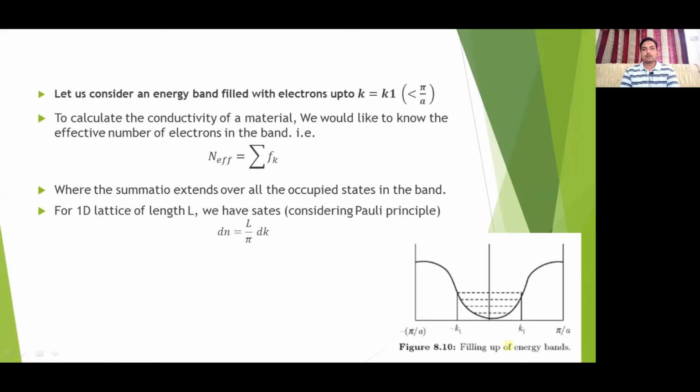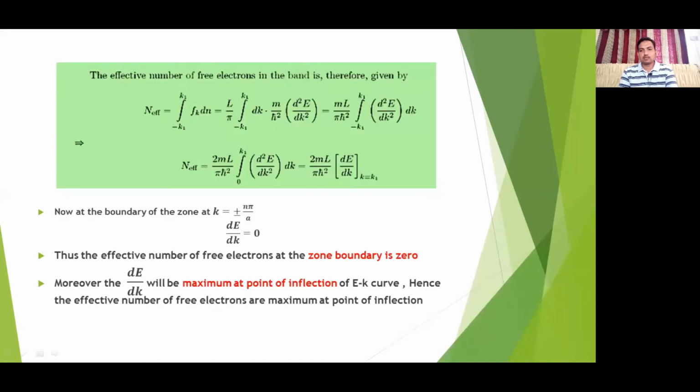Okay, so from this relation you can find the number of electrons, the number of states that exist in the band. So here is a simple and small derivation to find the effective values.